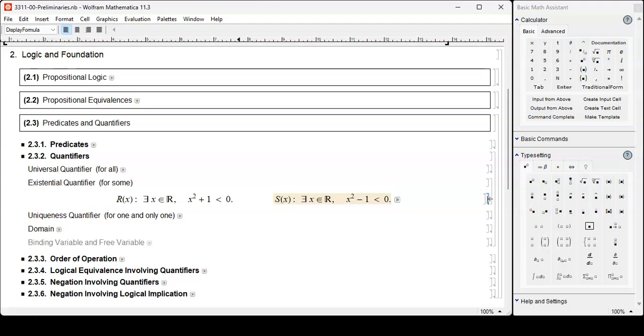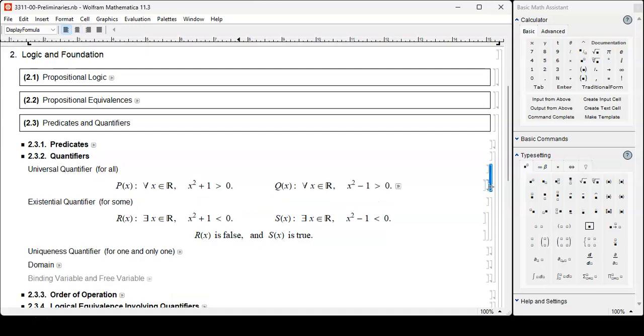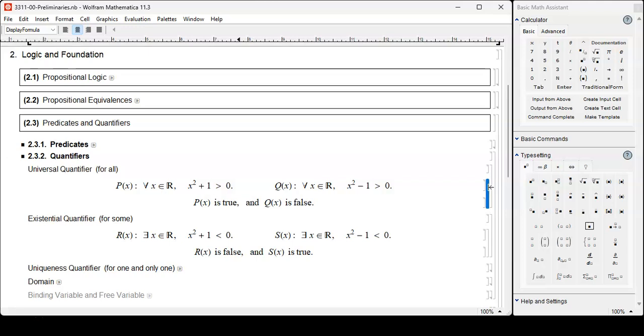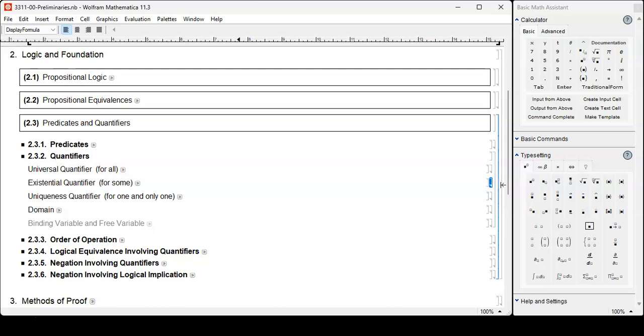They're infinitely many actually. So R of x is false, S of x is true. See the difference? For all versus for some. The algebraic part, x squared plus 1, well, that's pretty much the same, but we have completely different predicates.